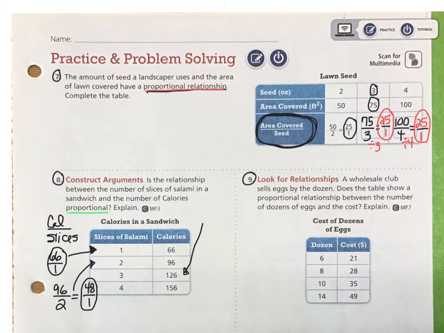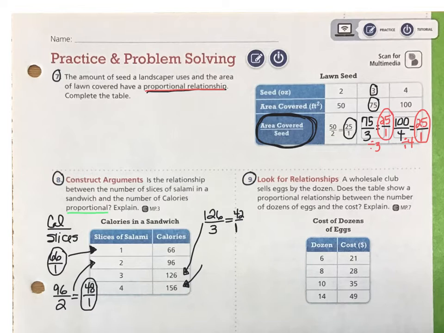The third ratio in the table tells us that 3 slices of salami is 126 calories in the sandwich. Again, I need to make a unit rate here out of that amount. So I'm going to divide 126 and 3 both by 3, and I get a ratio of 42 to 1.